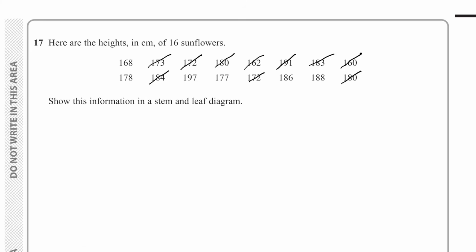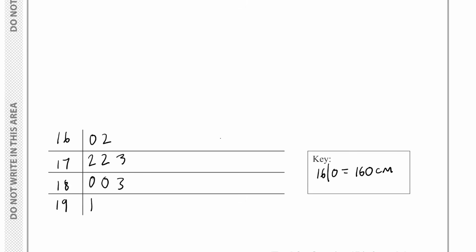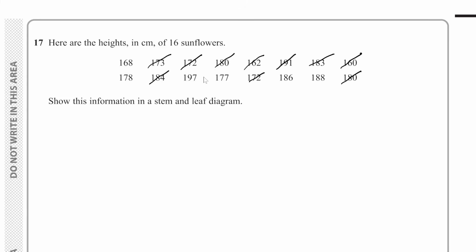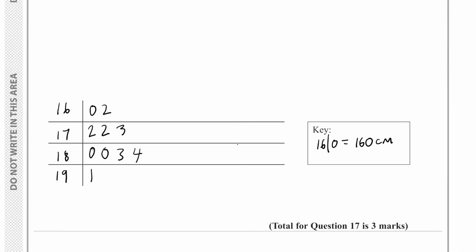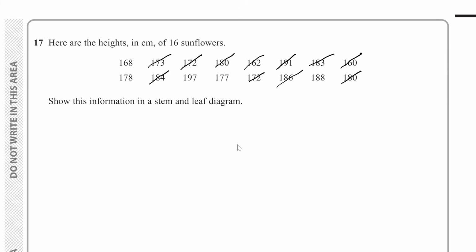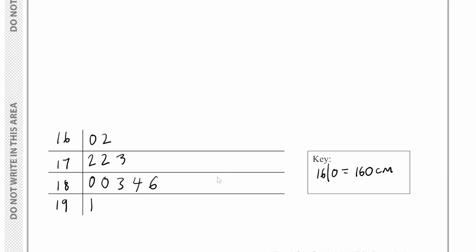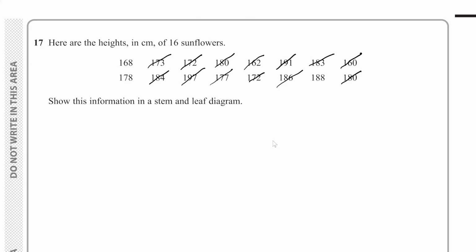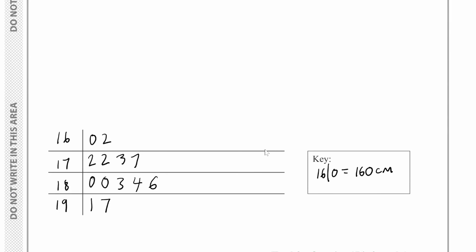Fours is 184. Fives, there are none. I've got 186. I've got 177 and 197. And then eights, 168, 178, and 188.